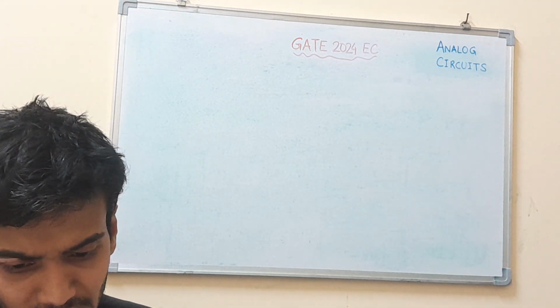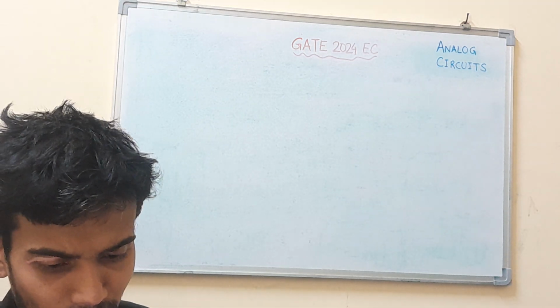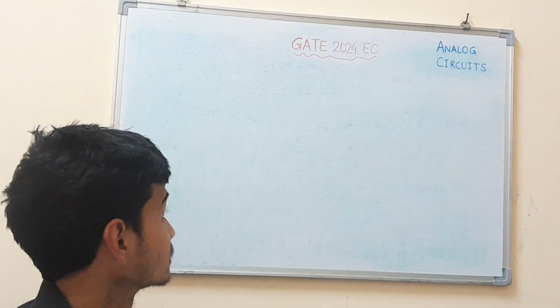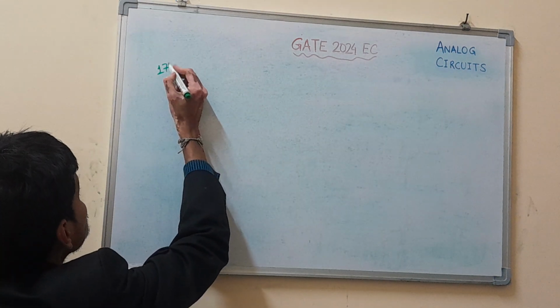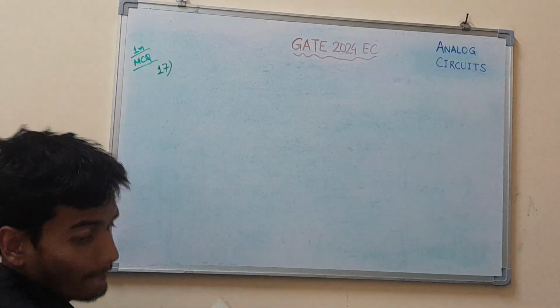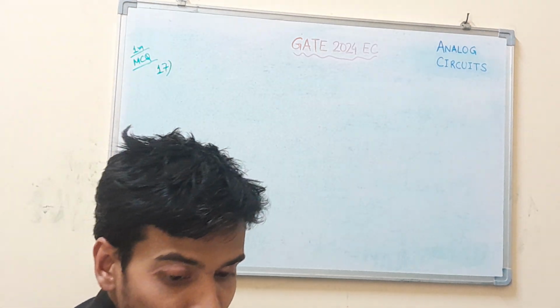It is from basically long channel NMOS transistor, small signal input impedance. Question number 17 as follows, 1 mark. It is given in the circuit below.